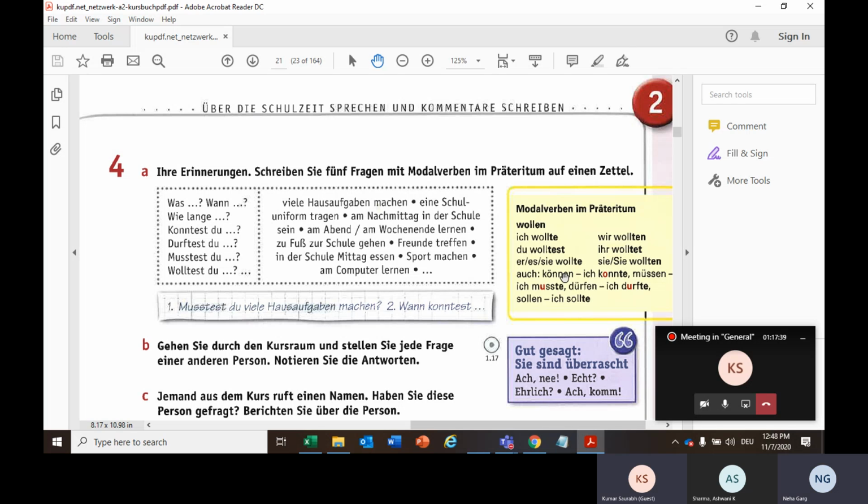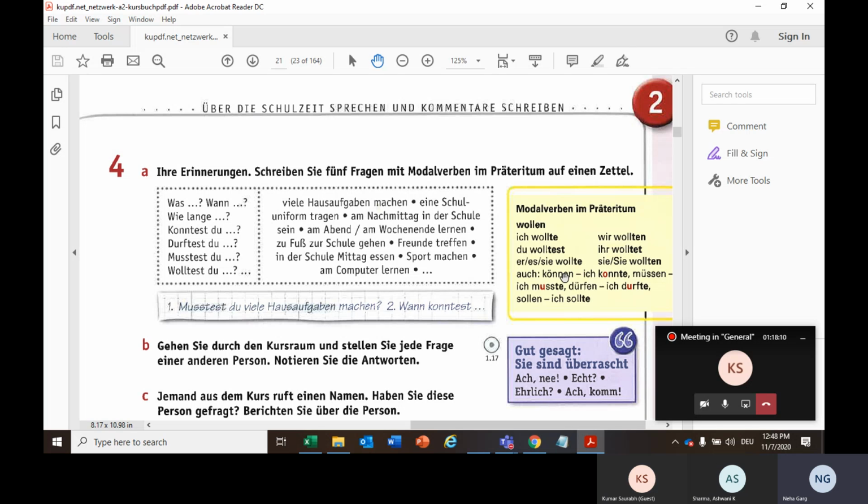Okay. Was machtest du in der Schule? Mittagessen. Wann konntest du viele Hausaufgaben machen? Wolltest du am Wochenende lernen? Okay, so Ashwini, all of the sentences are written correctly except the second one.